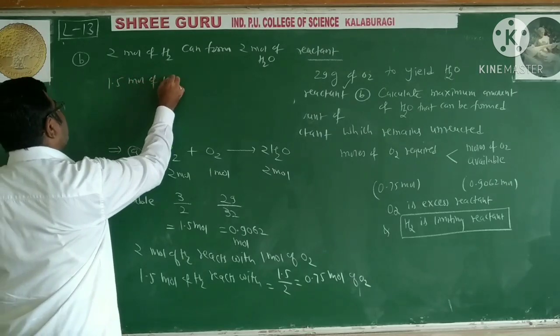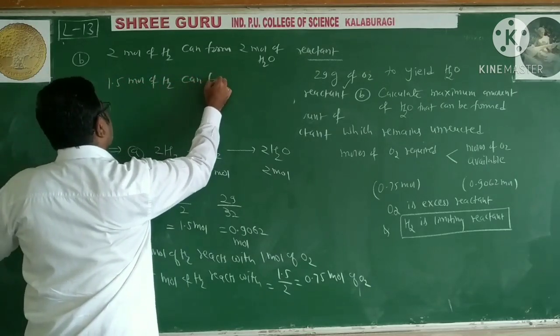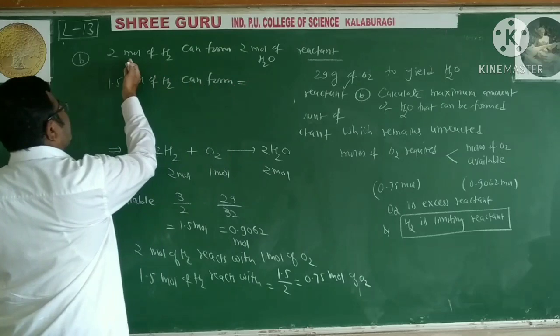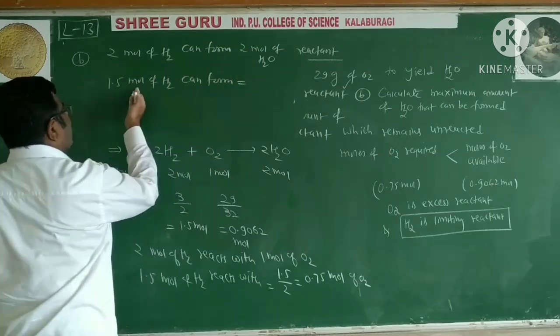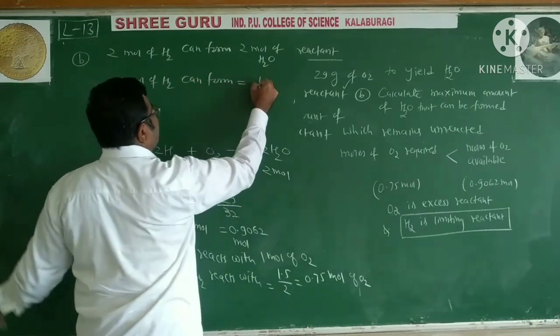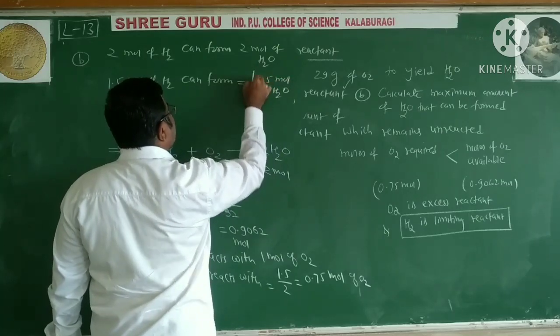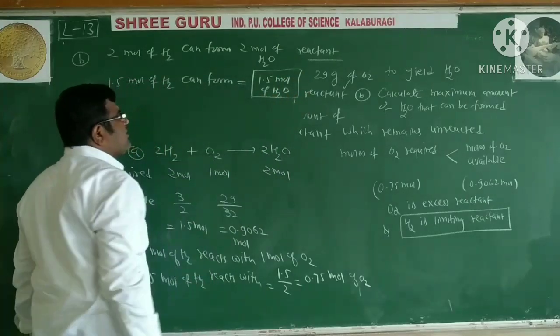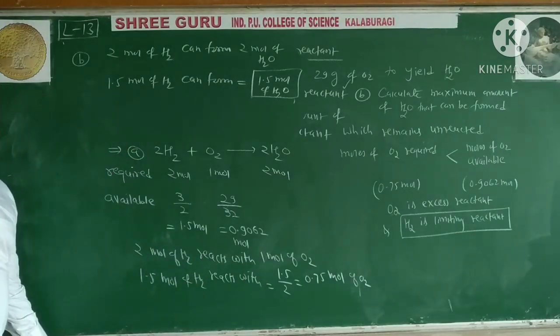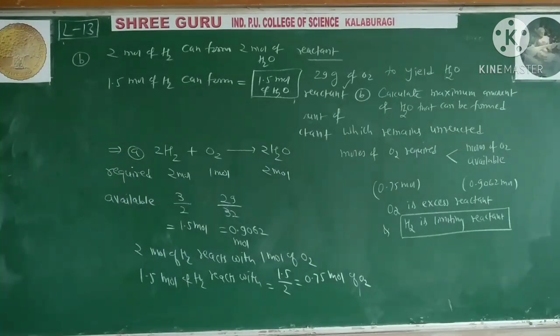If it is 1.5 mole, this is also 1.5. So 1.5 mole of H2 is the maximum amount of H2 that can be formed.